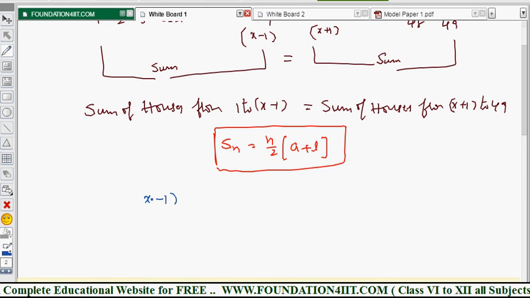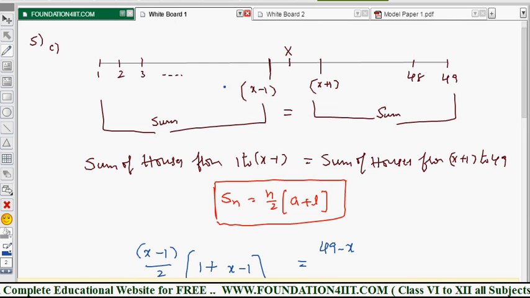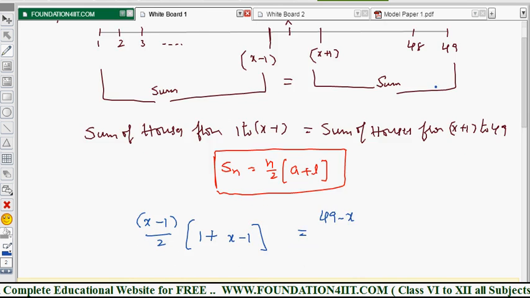So x minus 1 by 2 into A plus L. A is 1, the first number, and the last is x minus 1, right? This is the first case. And here the number of terms is 49 minus x, because the last is 49, and from x onwards, if you subtract x, the remaining is x plus 1 to 49. So 49 minus x is the number of terms from x plus 1 to 49.